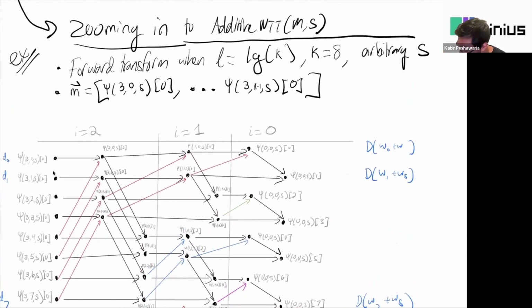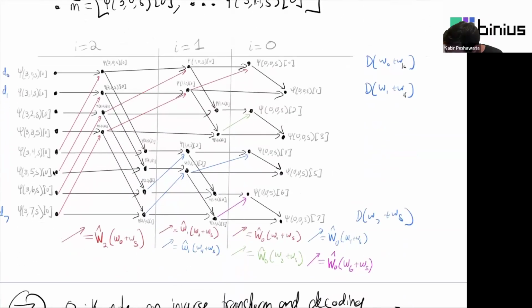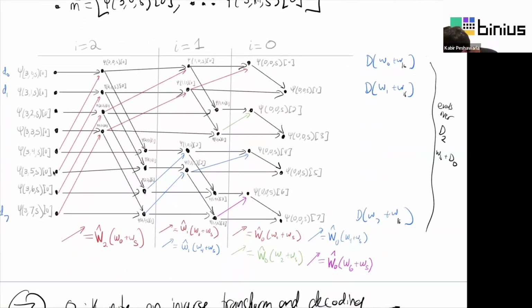So here, let's say we set s to be like 16. Then this is like the evaluations over D2, right? Which is like W16 plus D0, that coset, or equivalently like W2 times K plus D0.